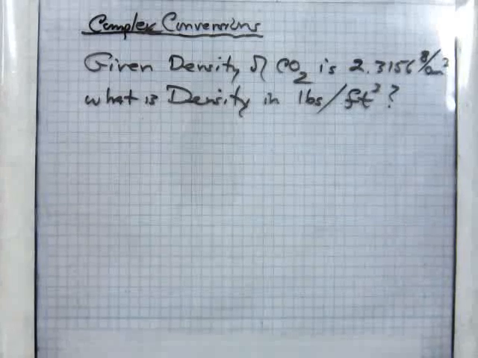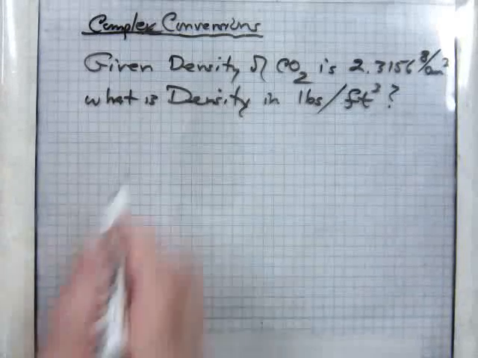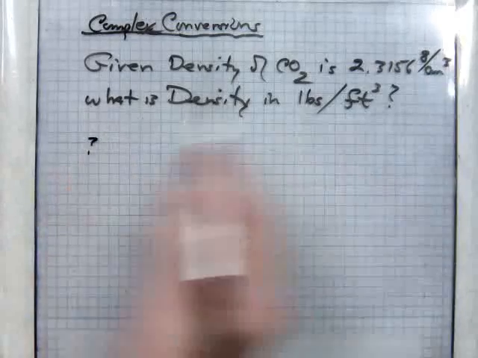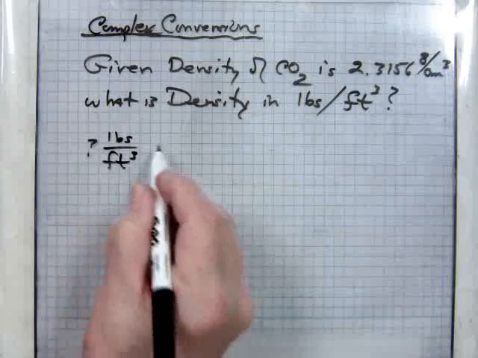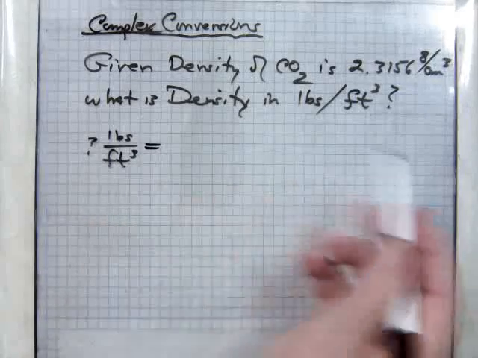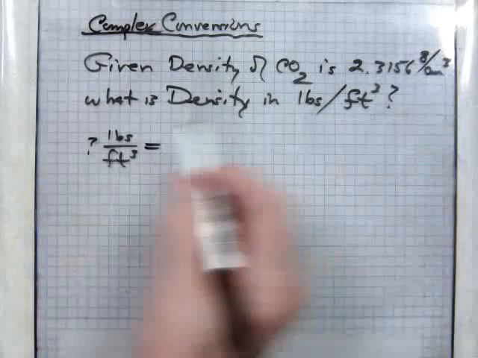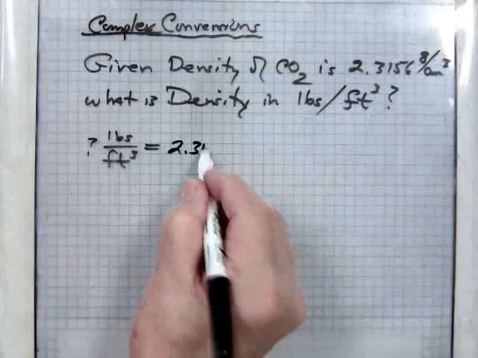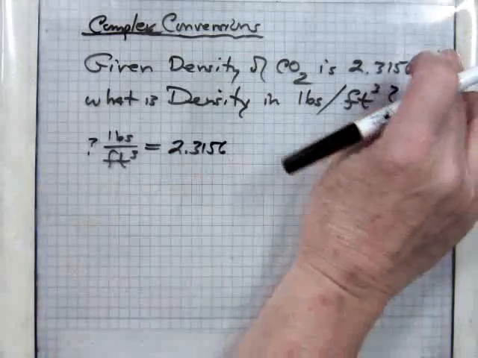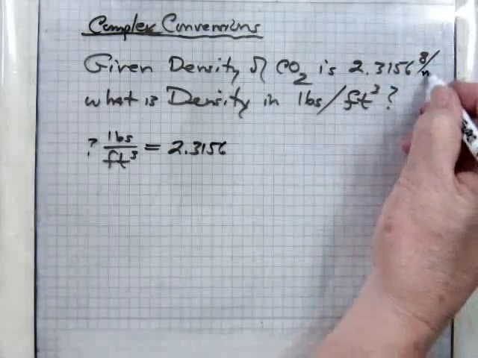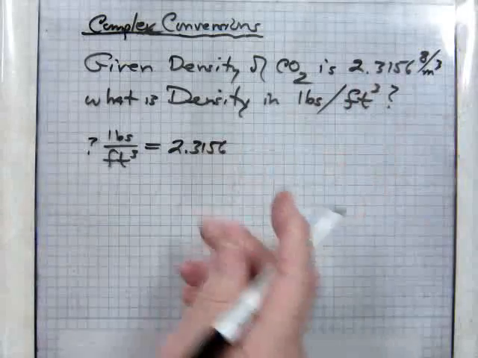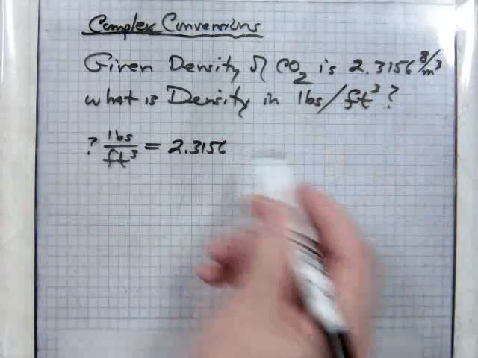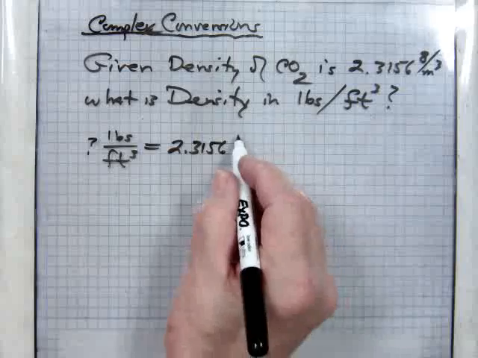So as in the first two types of conversions, we identify the problem, which is pounds per cubic foot, and we want to relate that by an equal to given data, 2.3156 grams per cubic centimeter.